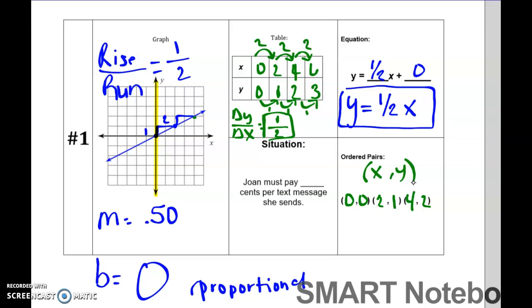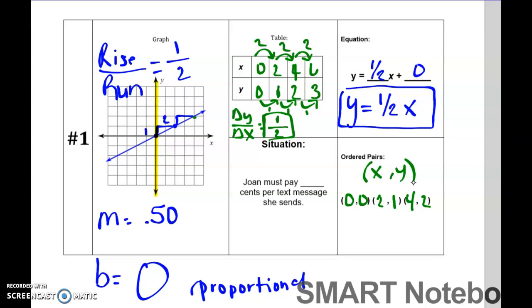Remember with word situations, your slope is words that repeat. So you have your per, each, every. Your y-intercept is your beginning point. It's a one-time fee. So we don't have a y-intercept, which is why we only have one fill in the blank here. And so my slope is 1/2.